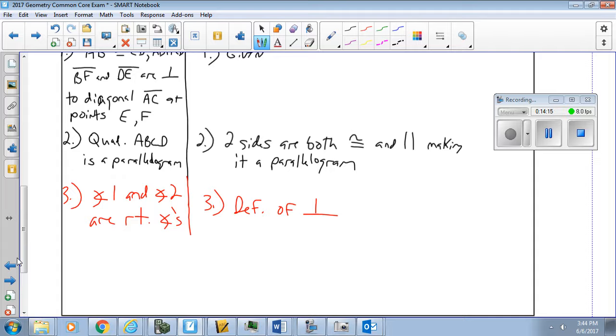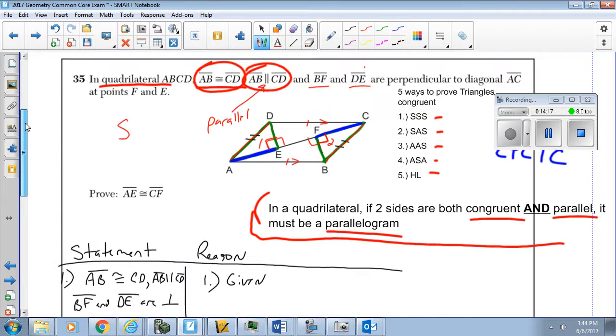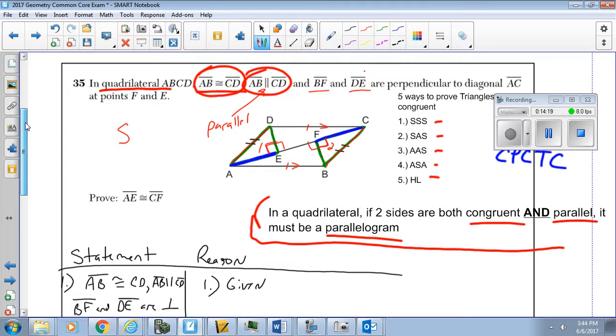All right, so now we have angle 1, angle 2. So we have a side, we have an angle. If you recall, when you have two parallel lines, and it's already told us that in the given information, and a third line going through, you have alternate interior angles.